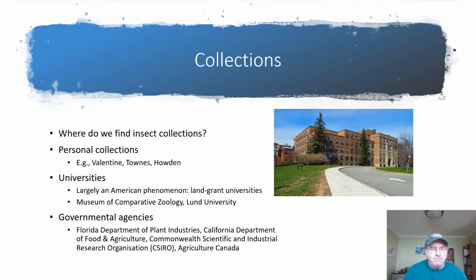So their relative role is starting to diminish, and some universities are not abandoning their collections, but passing their collections on to other institutions that are prepared to curate them and take care of them for the foreseeable future.